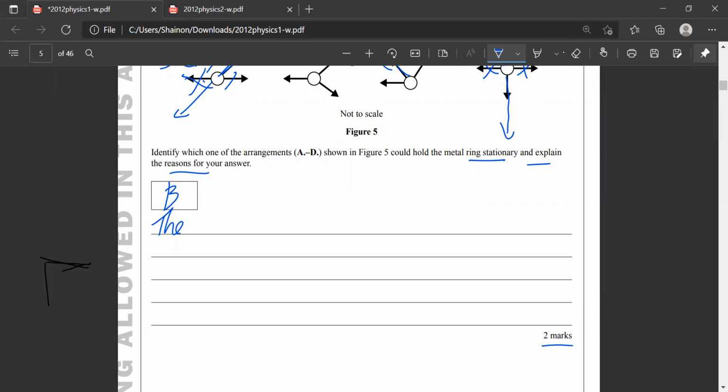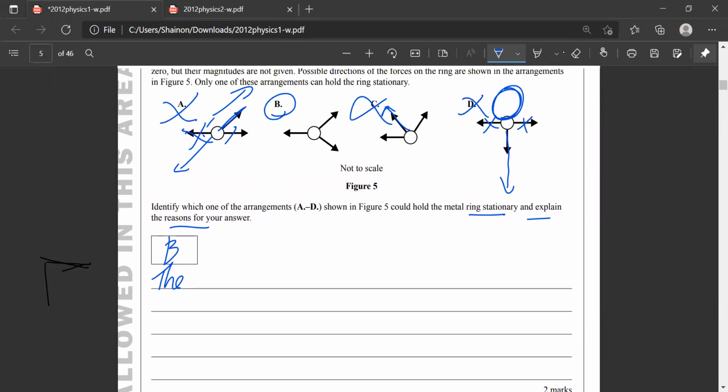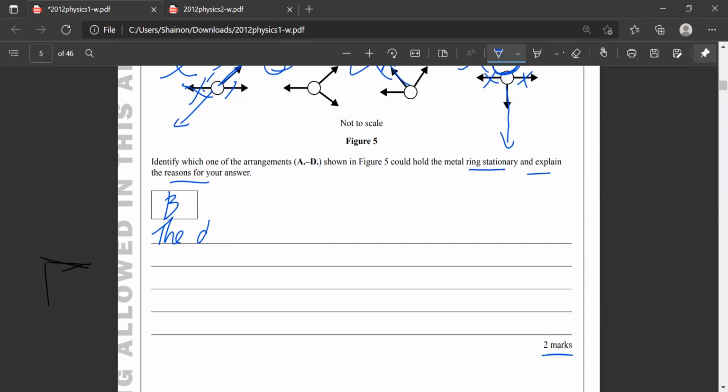Only 2 marks. The 1 mark is just the B. So the explanation would be the direction of the forces.